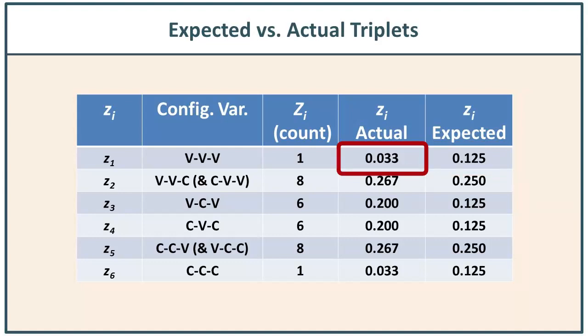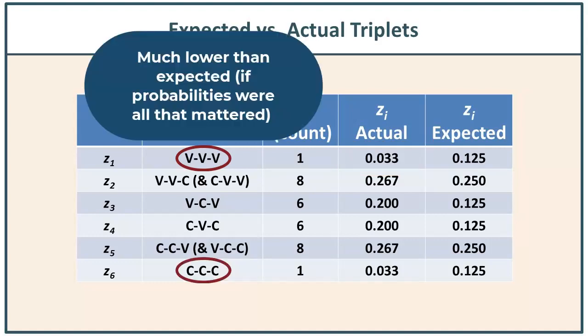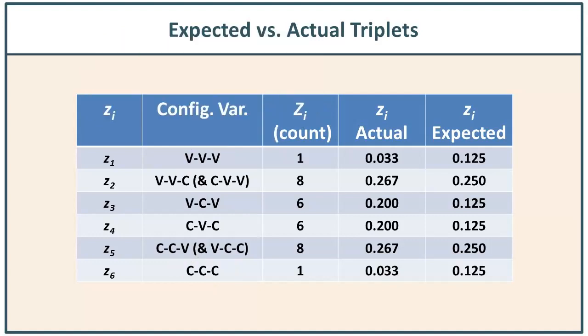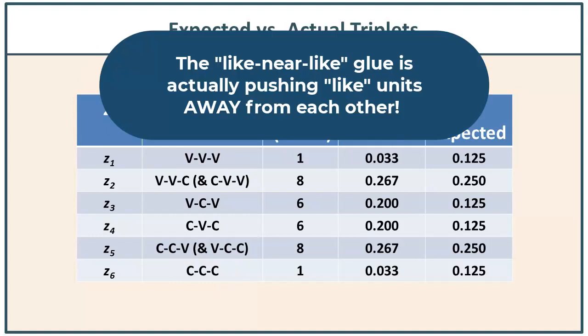What this is telling us overall is that we're getting far fewer of the vowel triplets and the consonant triplets that we would expect. We don't have that much gluing together of like near like. That's a little odd.